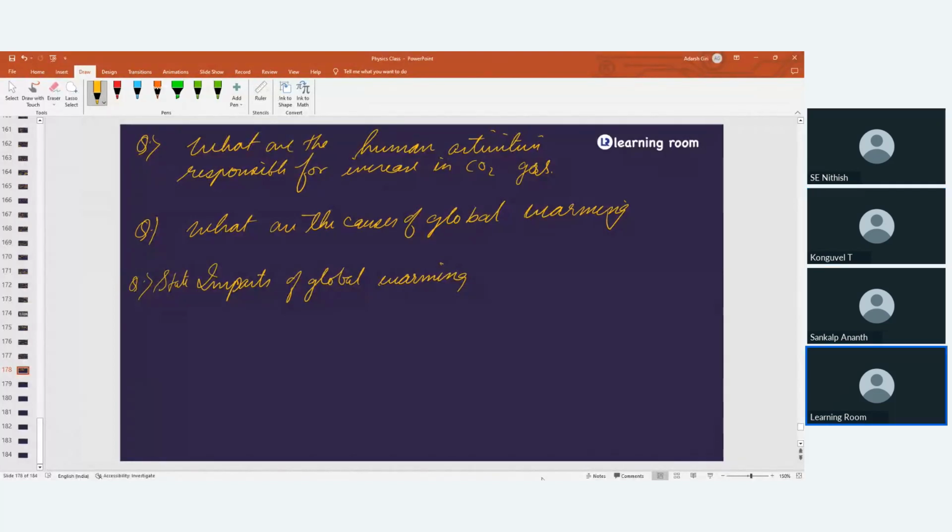Now, what are the impacts of global warming? What are the things that are happening nearby? Did you see that Apple launch yesterday? The iPhone 15. Where do they manufacture it?